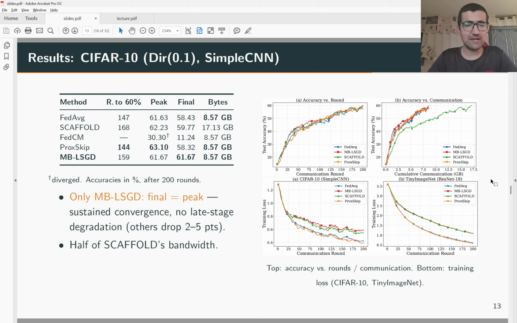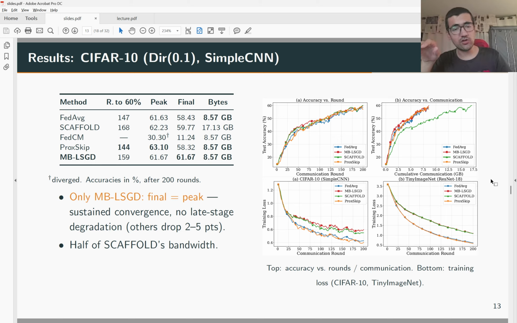MB-LSGD is the only method whose final accuracy equals its peak, 61.67%. No late stage decay at all. And that makes it the best final accuracy on the slide. In real deployment, you usually live with the model you have at the end, not at the cherry-picked peak.